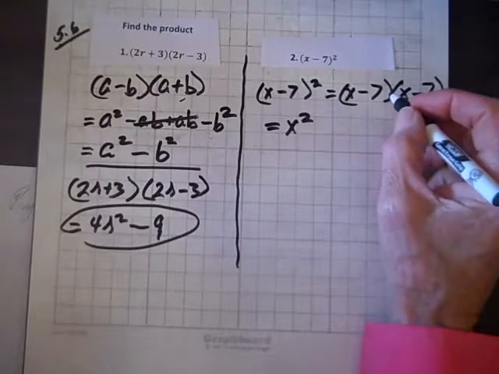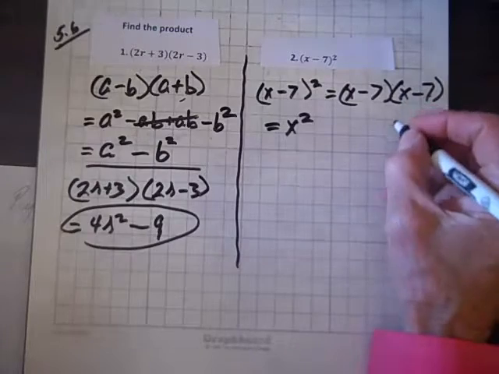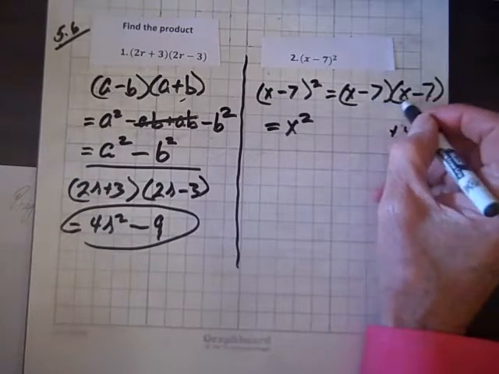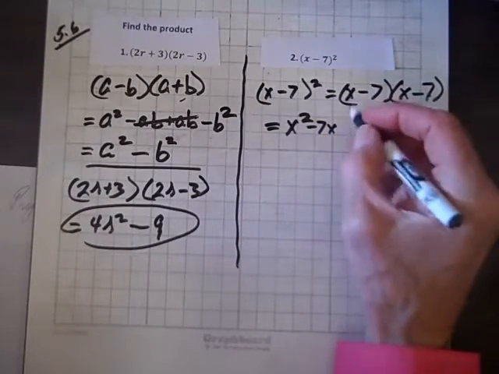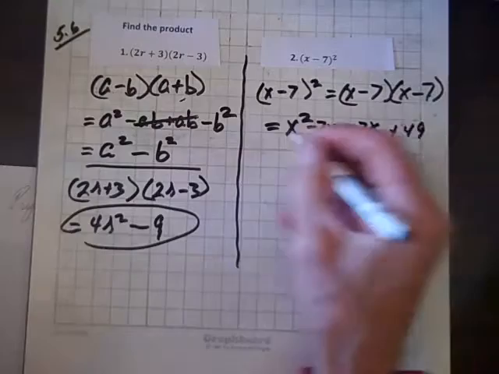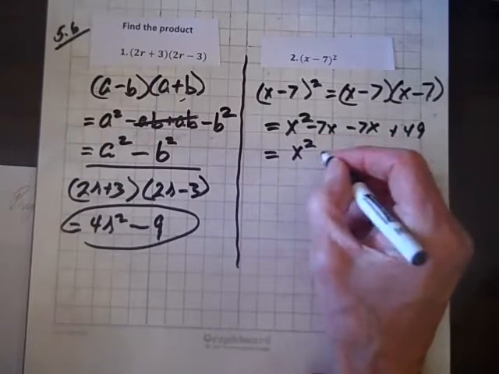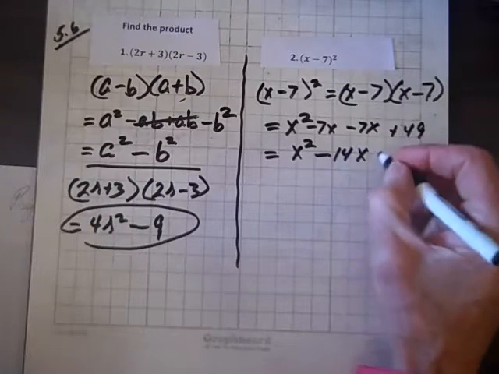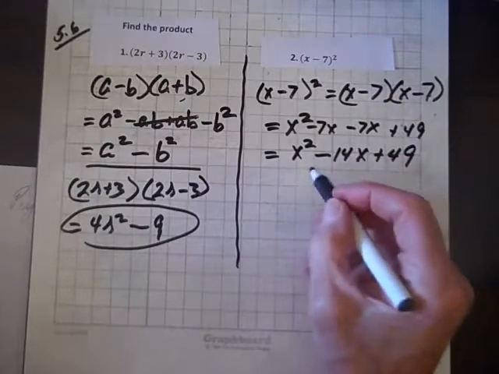The product of the last terms, minus 7 times minus 7, is plus 49. The product of the inside is minus 7x. The product of the outsides is minus 7x. And so we get x squared, and summing these, minus 14x plus 49.